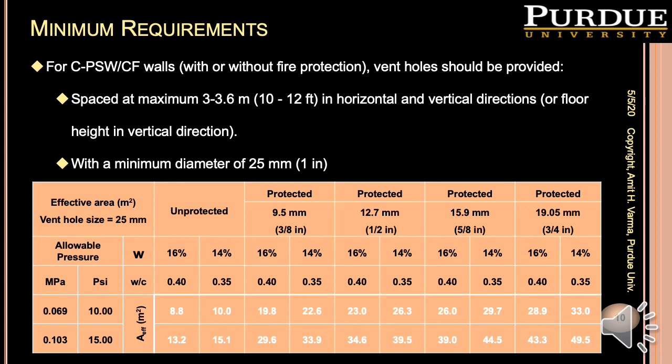And even for walls with no fire protection, that is conservative in most cases. However, if there is a change in parameters, if we want to consider an allowable pressure significantly higher or significantly lower than what we've considered, then we may have to go back and look at the equation and calculate if the minimum requirements will still be satisfied.